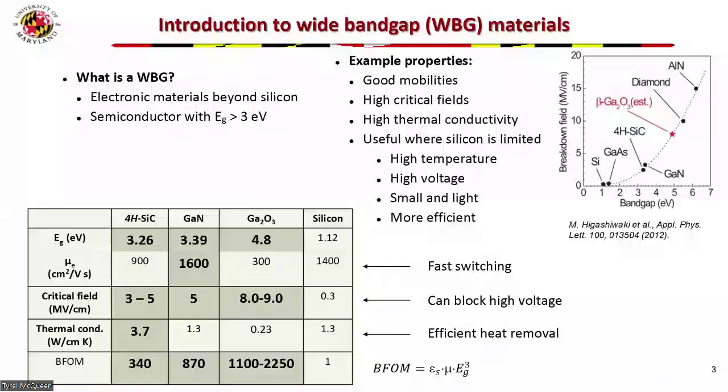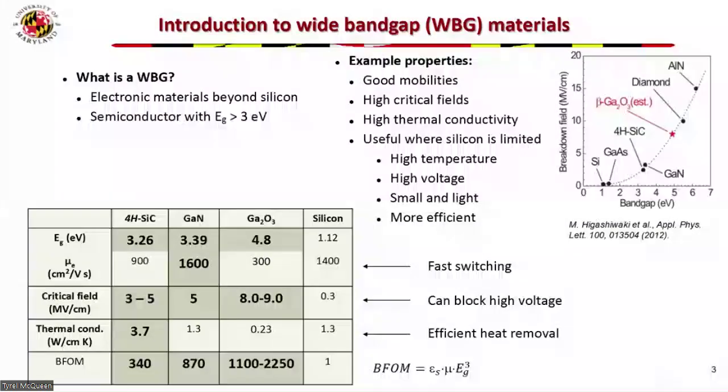So as you can see, this is all compared to silicon. So here are the properties of silicon, and this is all normalized to silicon. That's why silicon has one for the figure of merit, whereas all these other wide gap semiconductors have a much higher figure of merit. So they would be in general better for these applications.